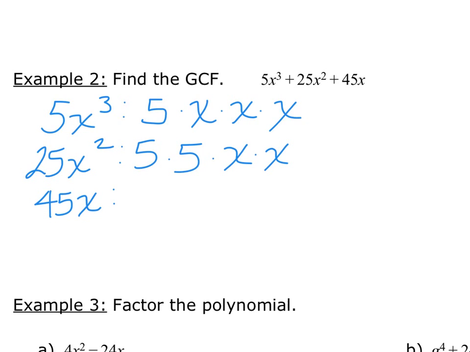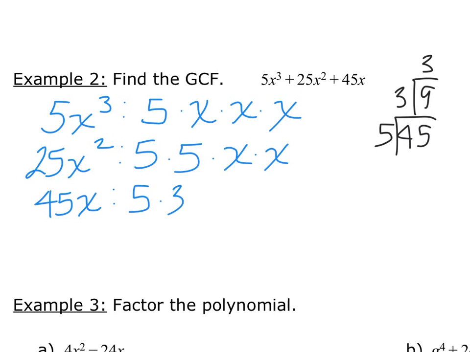No. I'm going to do the birthday cake method on 45. What prime number goes into 45? 5. How many times? 9. What goes into 9? 3 times 3. So the prime factorization of 45x is 5 times 3 times 3 times x.